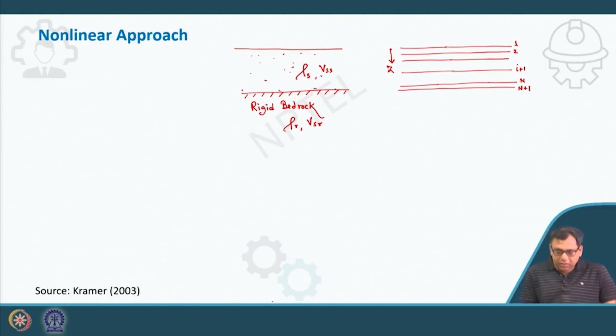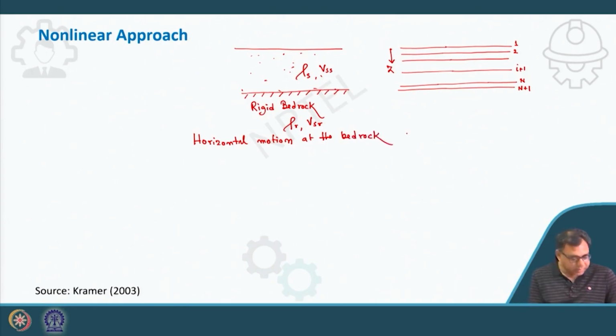Now, the equation for the horizontal motion at the bedrock: we can write del tau by del z, where tau is the shear stress, equal to rho del square u by del t square.